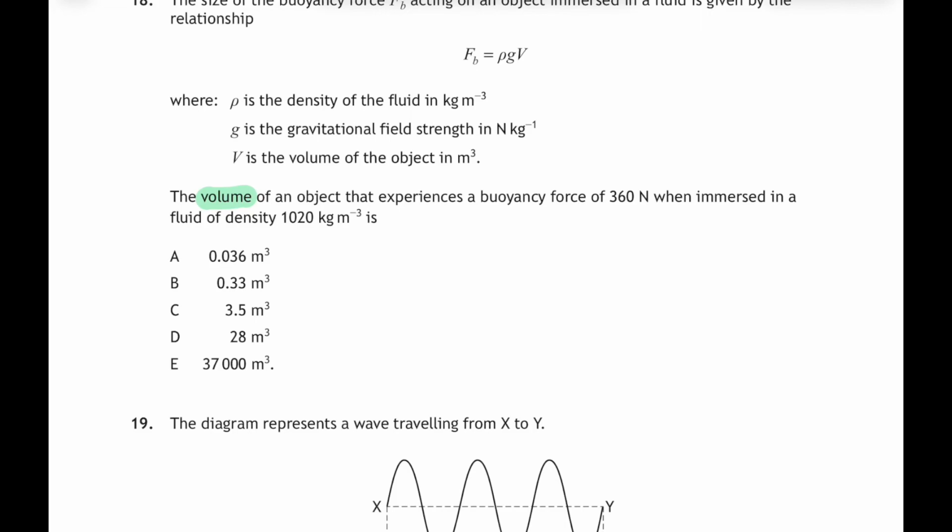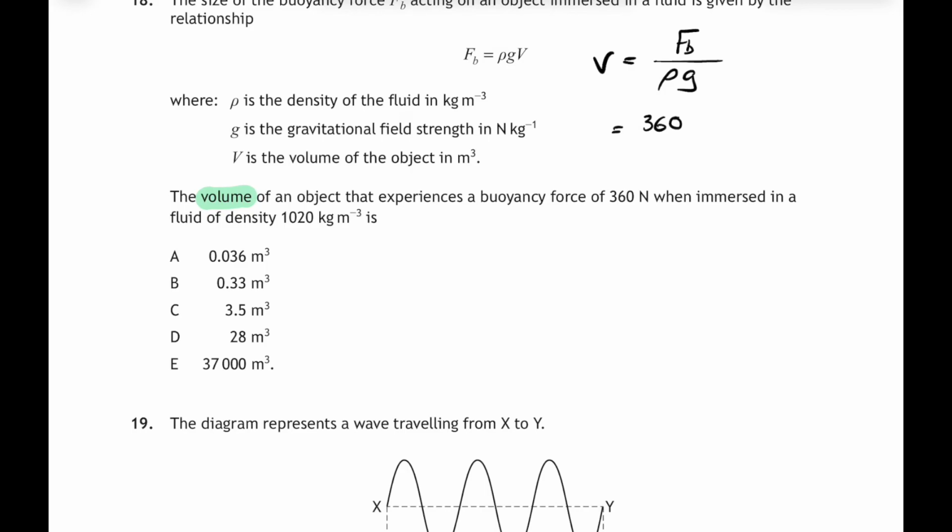Well, because this isn't in the course and it's a relationship you've never seen before, all you're required to do here is plug the numbers into the relationship and work out the value for the quantity that you're asked. In this case, it's the volume. So we rearrange the relationship. So V will be equal to FB over rho times G. And we know what all those numbers are on the right hand side.